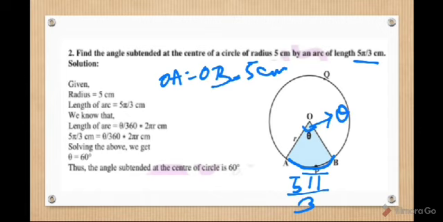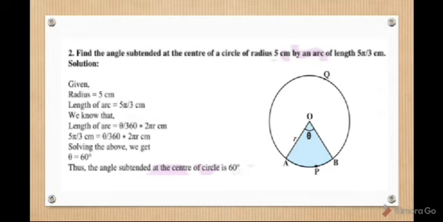Now you know the formula of length of arc is equal to theta by 360 degree into pi r square. Okay, not pi r square, it will be 2 pi r because it is the length of the arc. Theta by 360 degree into the circumference of the circle, theta by 360 into 2 pi r.